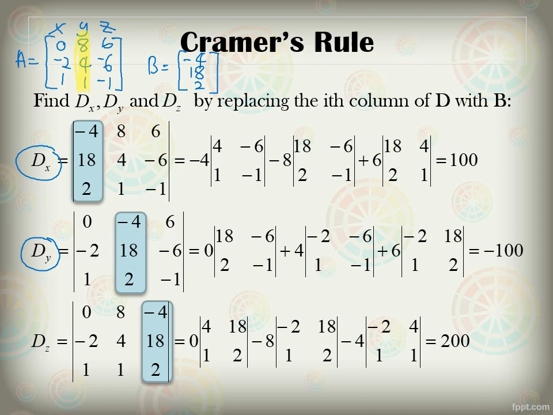The only one changing is the element in y, which is replaced with the elements in B, minus 4, 18, 2. Then proceed as usual, calculate the determinant by using the usual method, and you will get Dy equal to minus 100.